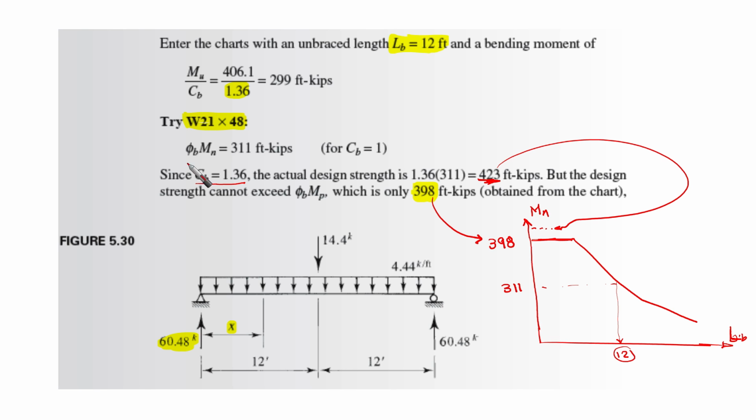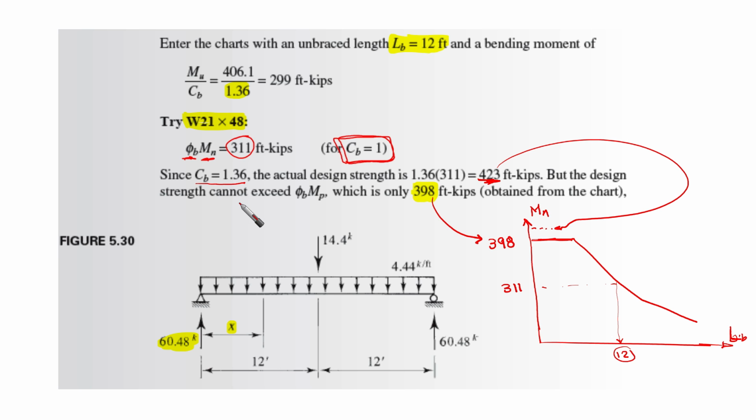Now let's go back. Based on this, you are going to find phi b times Mn, which is 311 foot-kips. This is for CB equal to 1. No problem now for us.